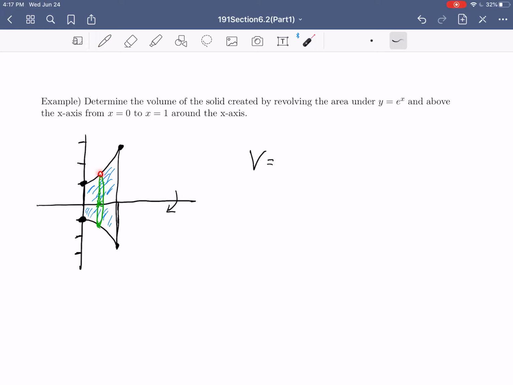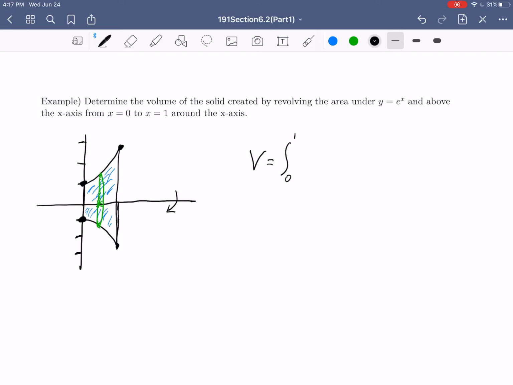Then we are compiling all those infinitesimally thin disks together, a slice there, slice there, slice there, and that gives us our whole volume. So if we do that, the integral is going to be, well, we can choose these little disks anywhere from x equals 0 to x equals 1.